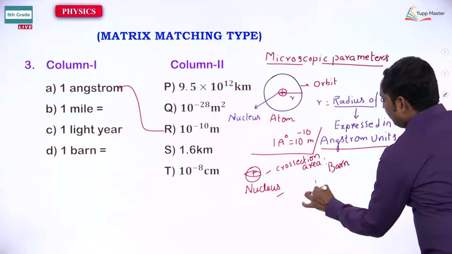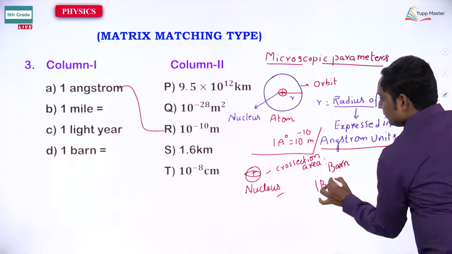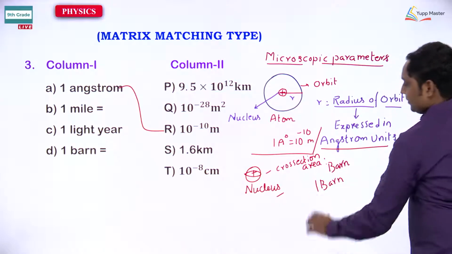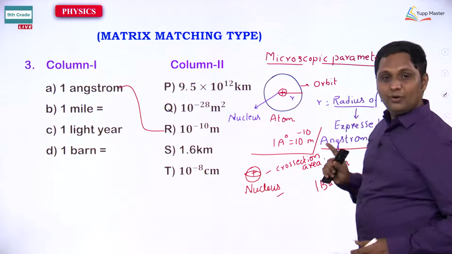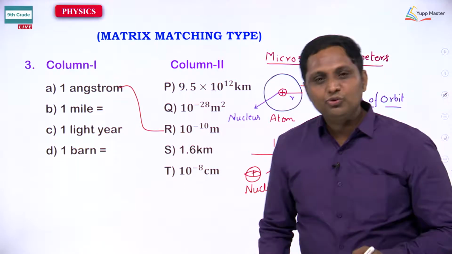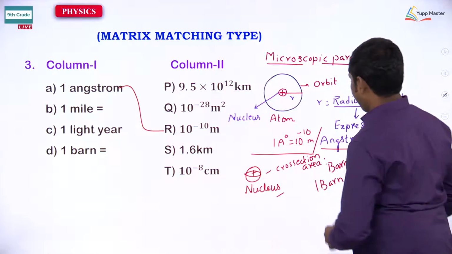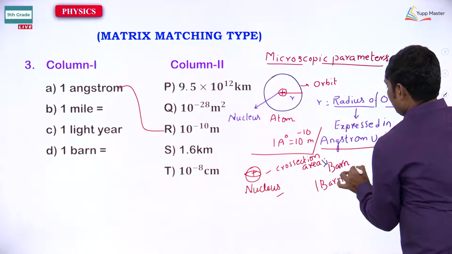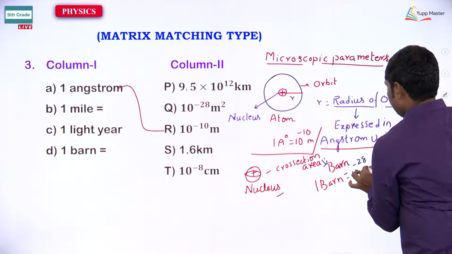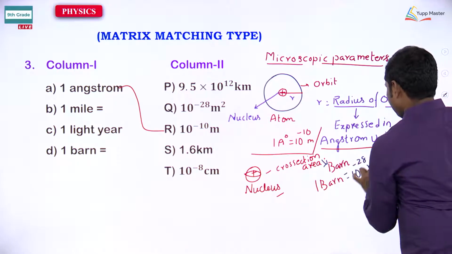So 1 barn is equal to 10 to the power of minus 28 meter square.